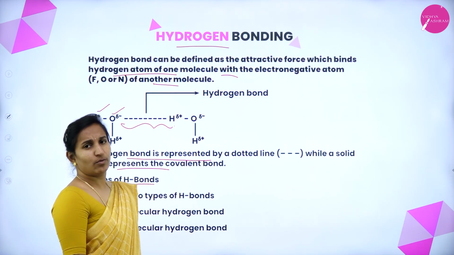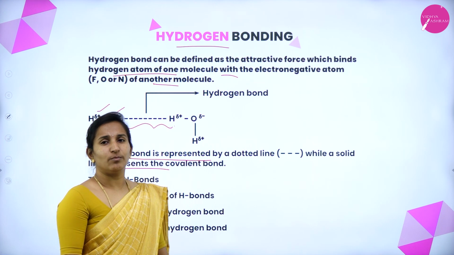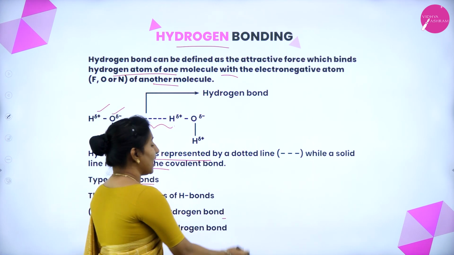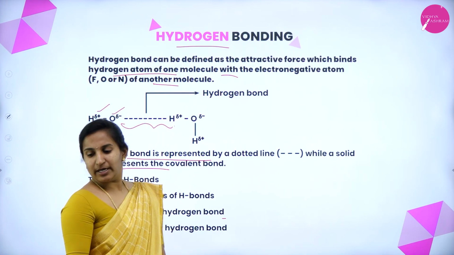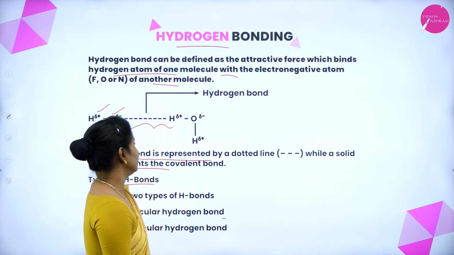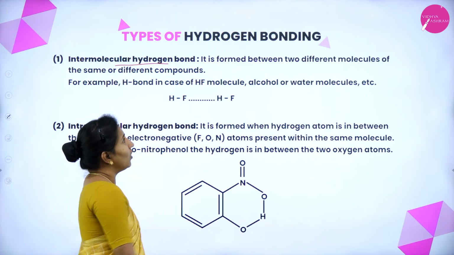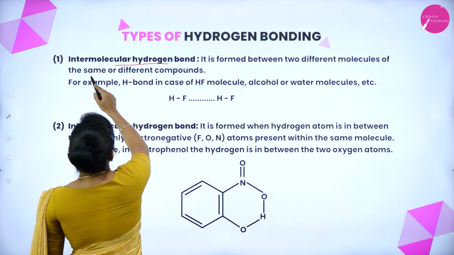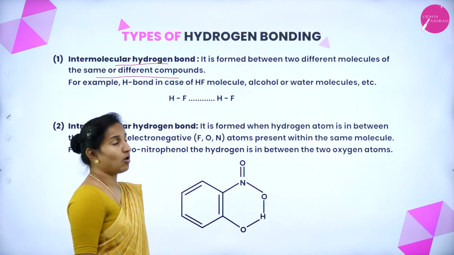Types of hydrogen bond. There are two types of hydrogen bond: intermolecular hydrogen bonding and intramolecular hydrogen bonding. An intermolecular hydrogen bond is formed between two different molecules of the same or different compounds.